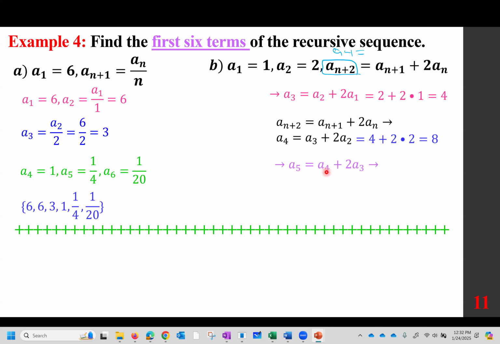So you put 8 here, plus 2 times A sub 3, which is 4. In other words, this is 8. This is 2 times 4. And we get 16. And I'm going to leave it for you to figure out A sub 6 and so forth. It's really a good practice for you to do that, okay? So these are the answers.